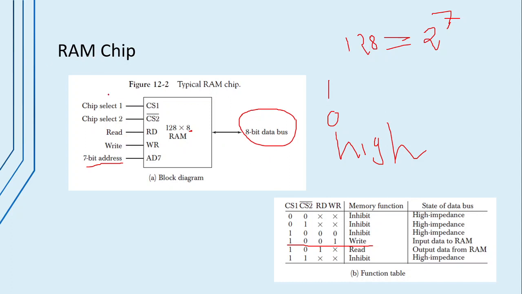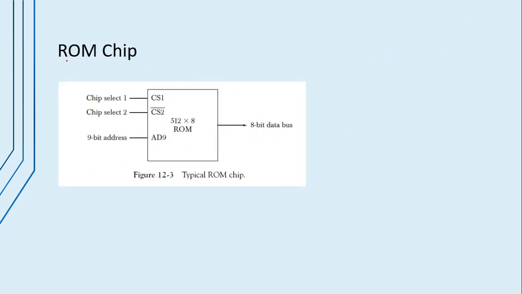Now similarly we have ROM chips. A ROM chip does not perform any kind of write operation. You can only perform the read operation. That's why here we don't have read and write, just the chip select and address bus.